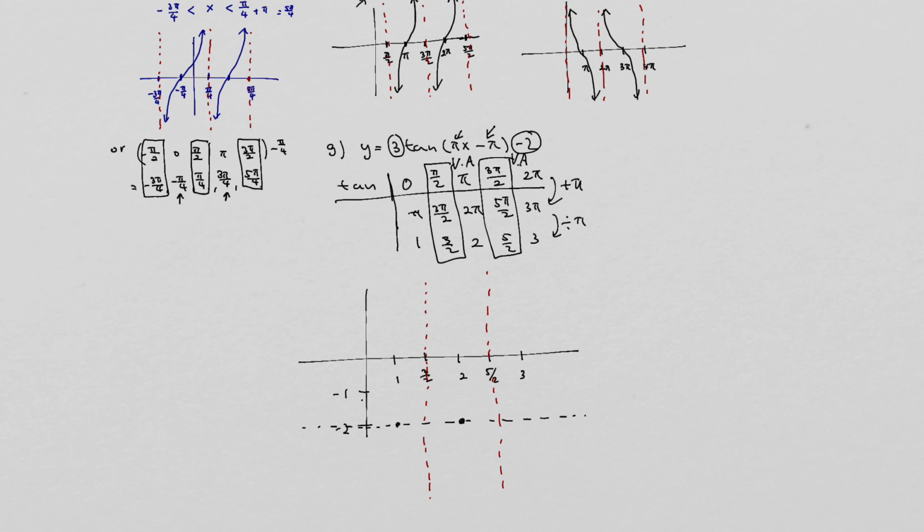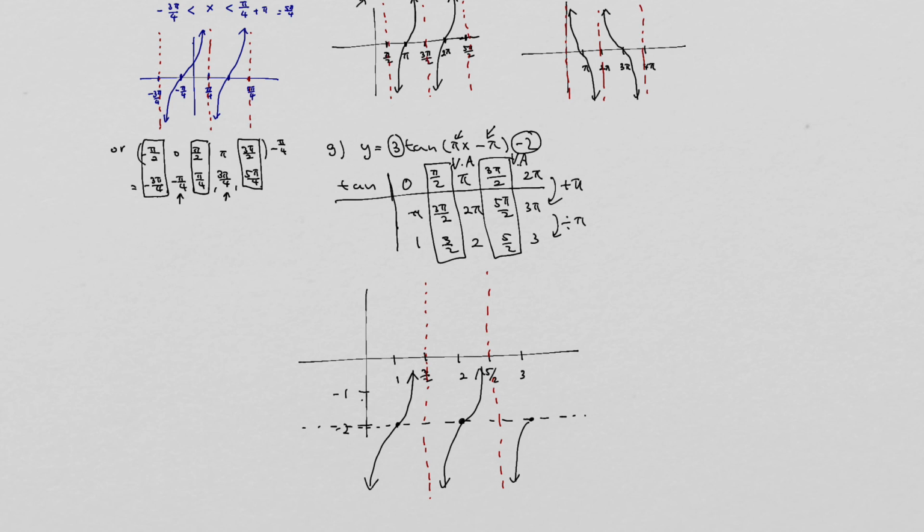Going down from 1, going down 2, from 2 going down 2, from 3 going down 2. And this is going to be positive tangent, so right side up, left side down.